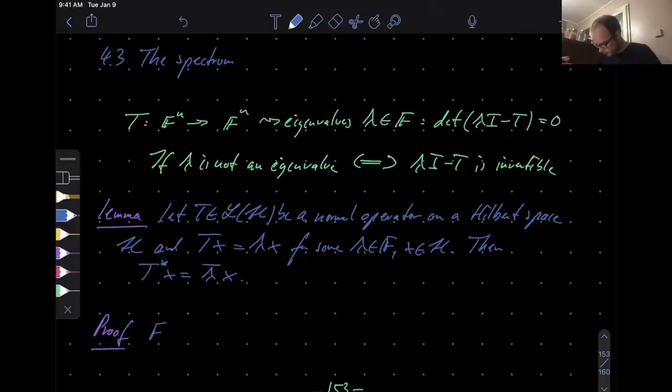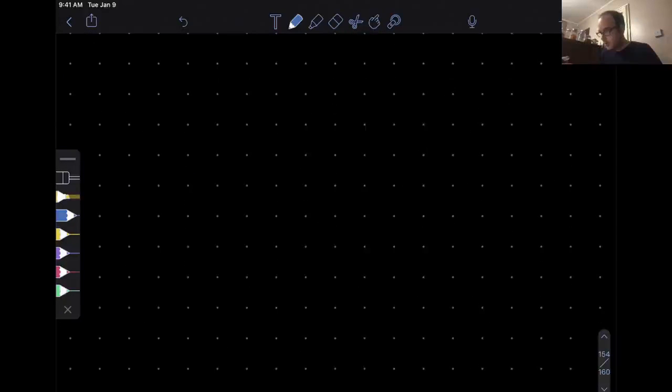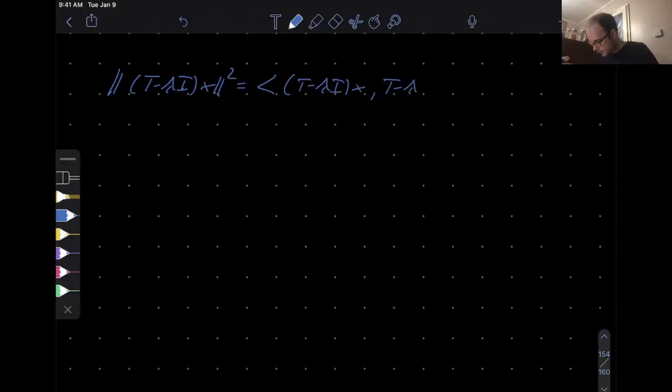Proof. For all x in H, lambda in F, let's look at the norm squared of (T minus lambda I)x. Yeah, okay, so that's the norm induced by the inner product. So this is the inner product of (T minus lambda I)x with (T minus lambda I)x. Now remember the adjoint is a conjugate linear isometric isomorphism.